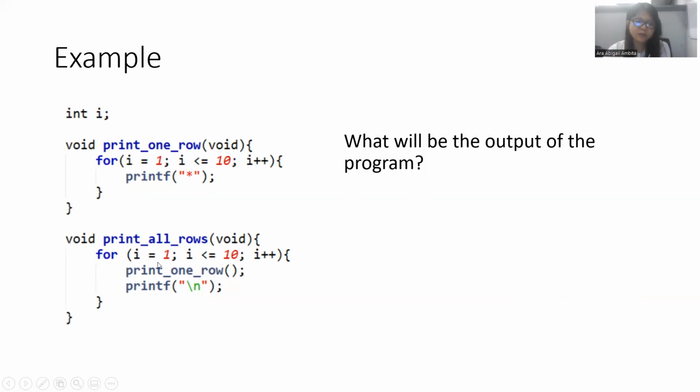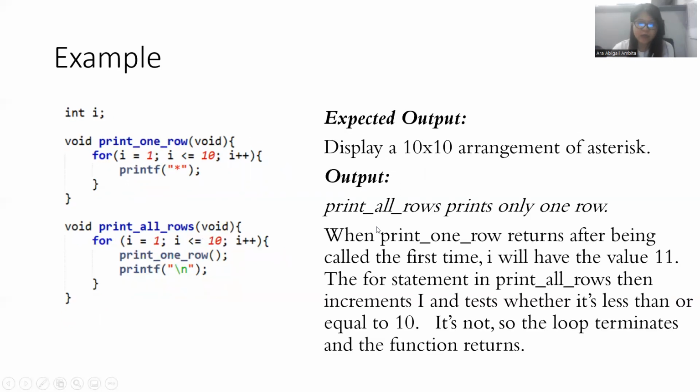Okay, so now let's say the print all rows started running, and nested in the loop is the print one row na call. So we are expecting that it will display a 10 by 10 arrangement of asterisks. However, the print all rows prints only one row. Why is that the case when we are expecting 10 by 10? Kasi 10 times siya dapat mag-iterate, di ba?